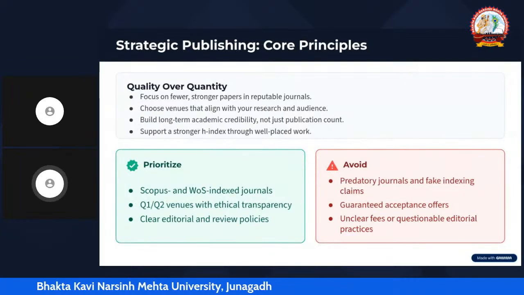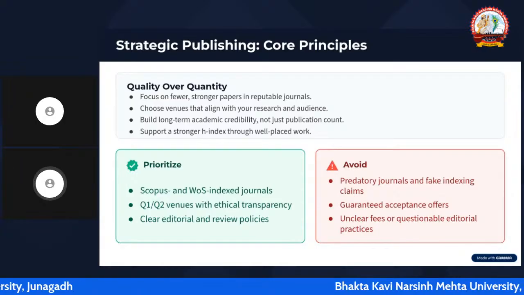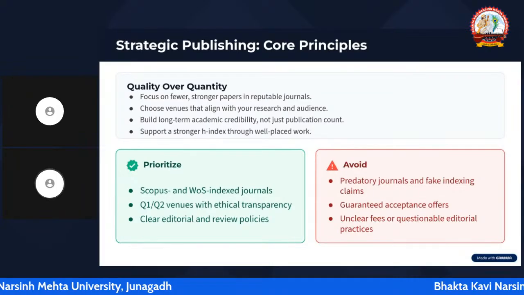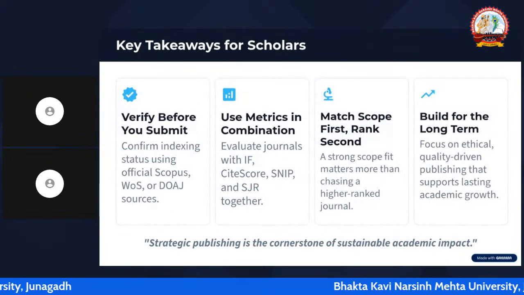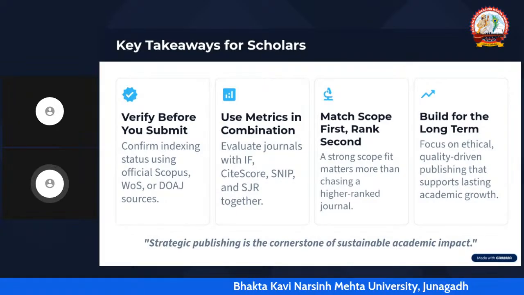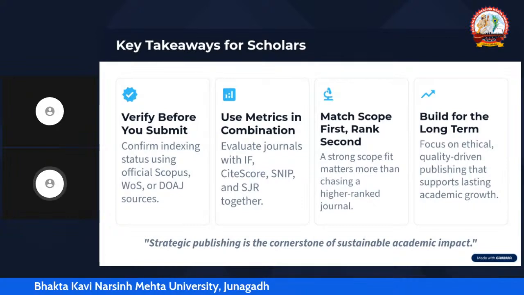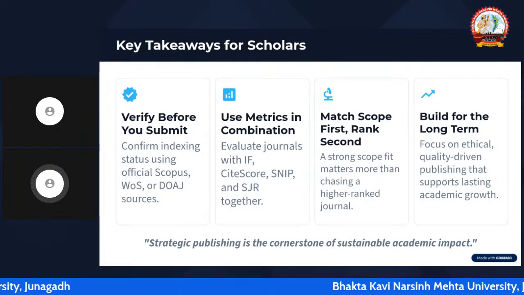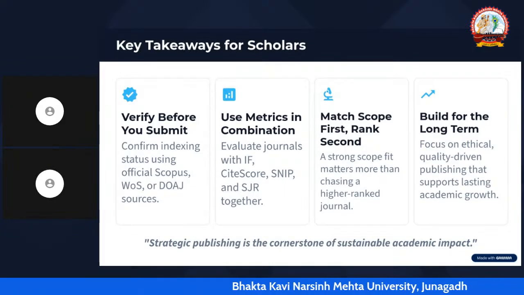After that, we have strategic publishing planning. We have core principles, what to do and what not to do, and we also prioritize where to publish our journals. Using all these metrics and keynotes, we verify our journal and indexing before submission. We use metrics in combination.